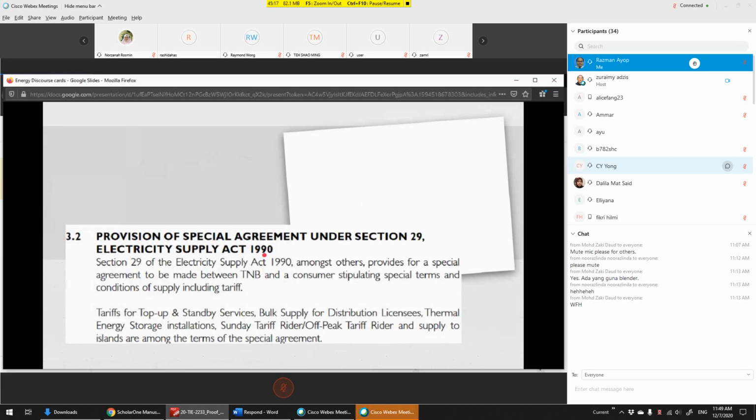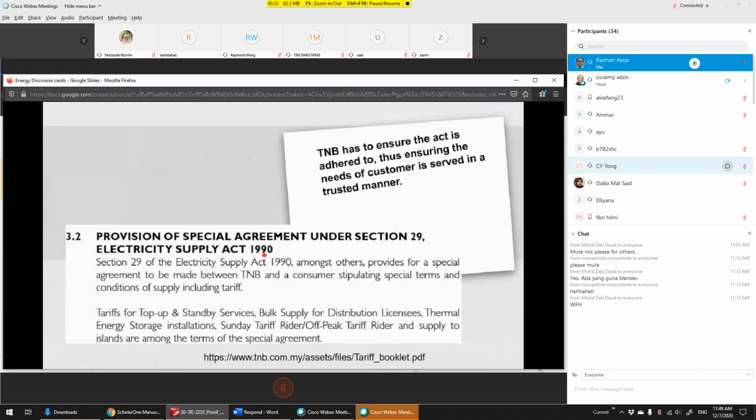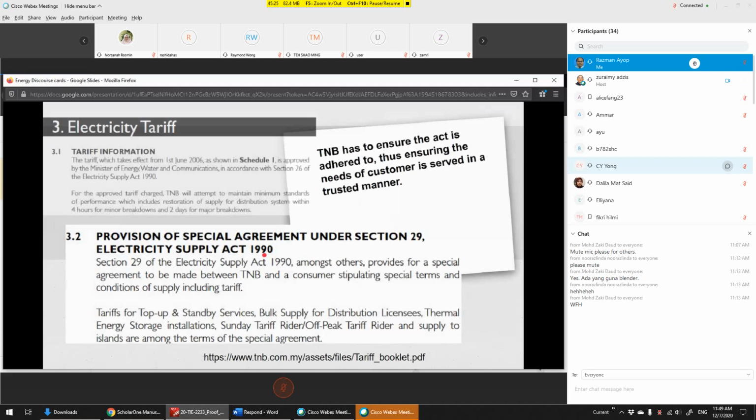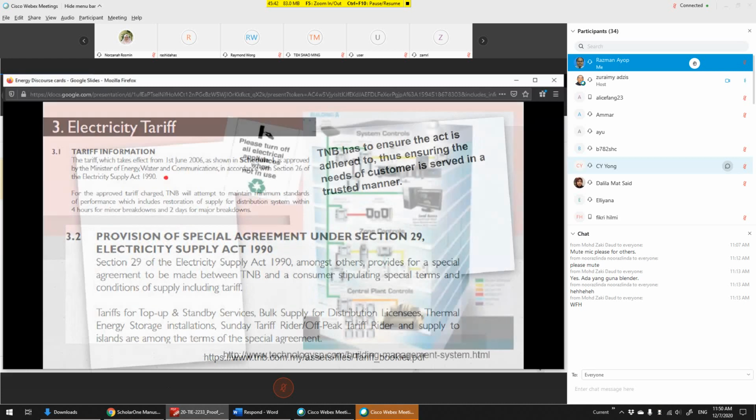Because it is all according to the Act. TNB cannot operate without adherence to the Act. So ada akta TNB ni, Akta Bekalan Elektrik 1990 yang menentukan macam mana TNB nak bil kita. So akta ni akan melindungi kita dan juga TNB sebenarnya sebab akta ni dah diluluskan di Parlimen. So we have to trust, right?